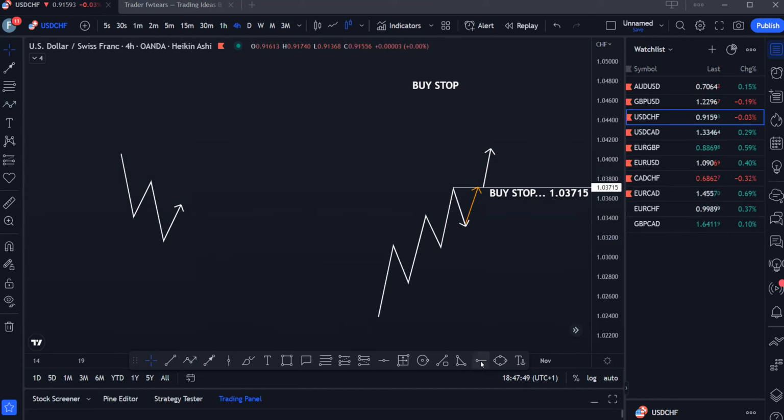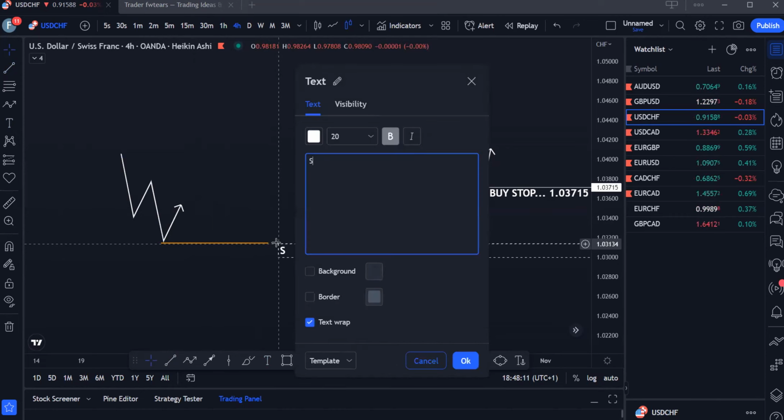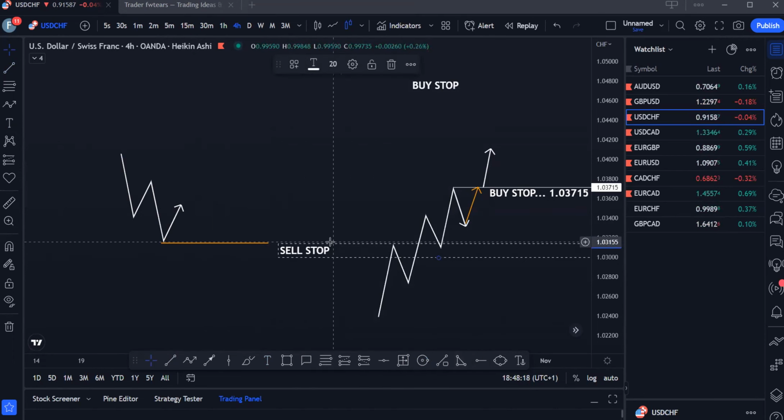So possibly over here is the zone where you want price to get to before you want your sell to happen. Okay, so if you want to sell here, you set a sell stop at this point. A sell stop, and the price of that sell stop is what?